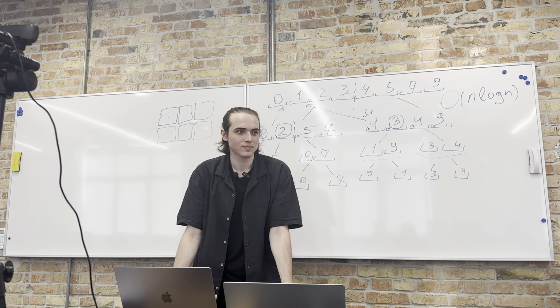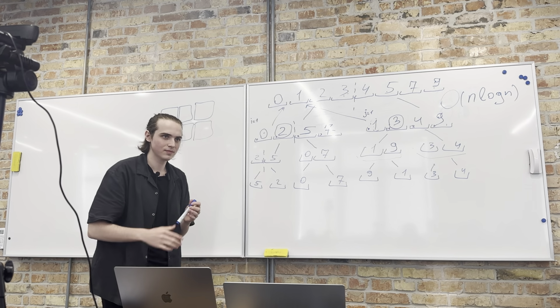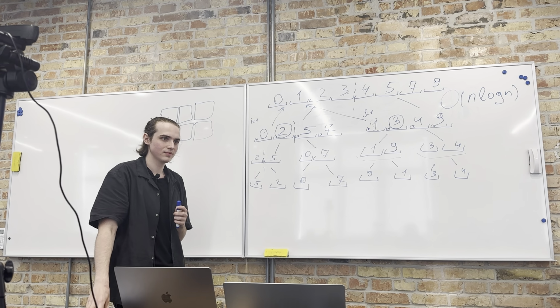So basically, each merge operation is n, because we are traversing one array and comparing with another. So it's n operations, and we need to do log n of these merging operations, because if we have an array of 8, we have 3 merging operations because we divide it 3 times, as in binary search.